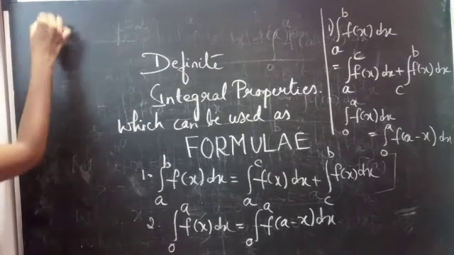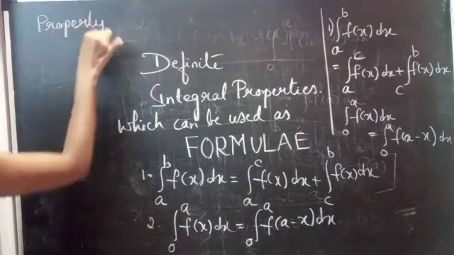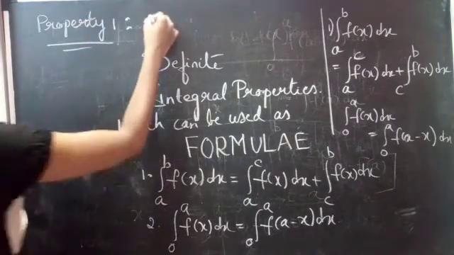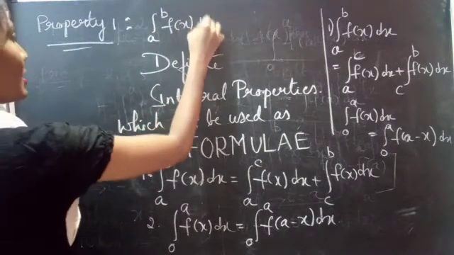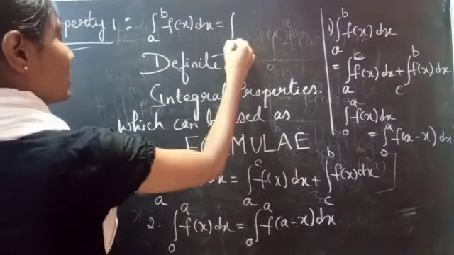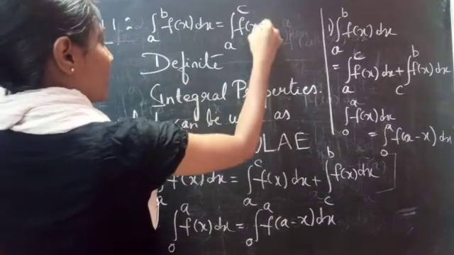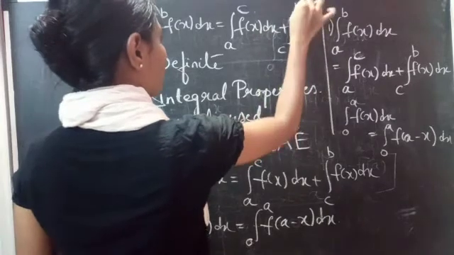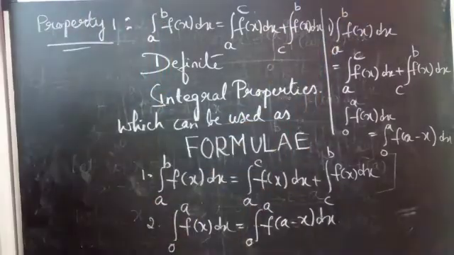First property: integral a to b f of x dx is equal to integral a to c f of x dx plus integral c to b f of x dx.